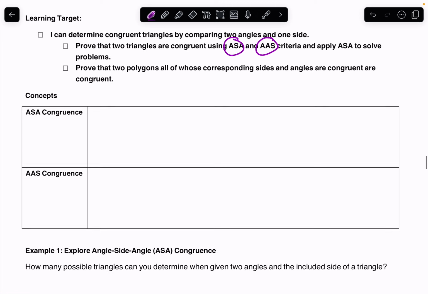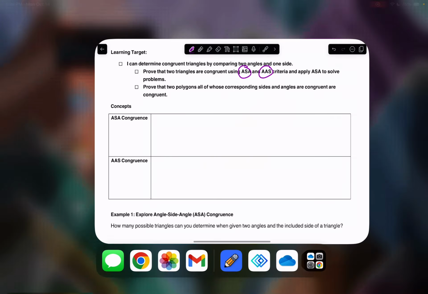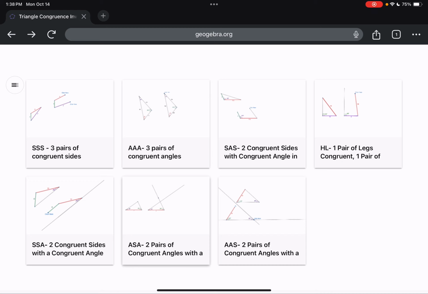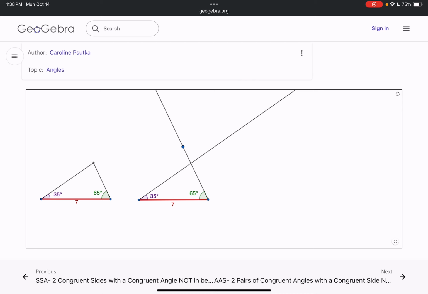So I bet you can guess with angle-side-angle congruence what we might write down. But first, I want to show you that angle-side-angle congruence is truly a congruence theorem. So if I go in here to angle-side-angle congruence, I have this little interactive gadget here, and you can see that both of these triangles have a 35-degree angle, a 7-unit side, and a 65-degree angle.